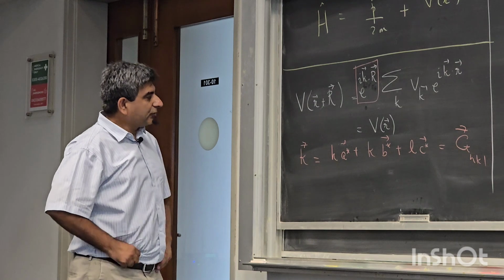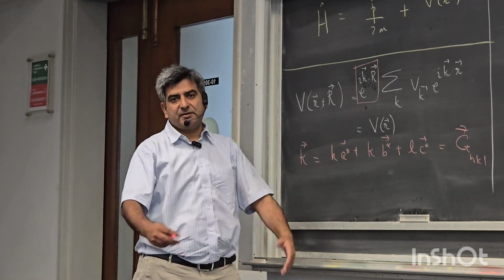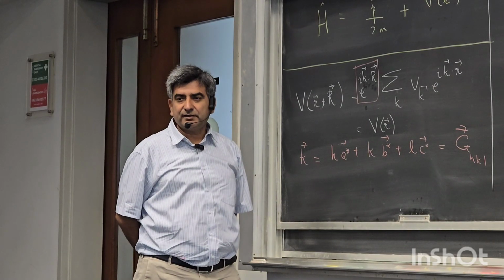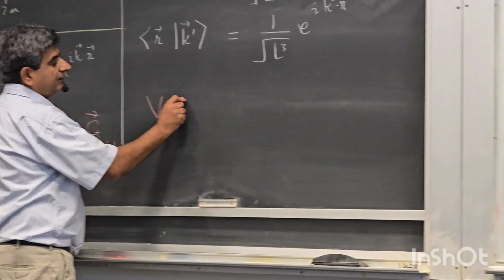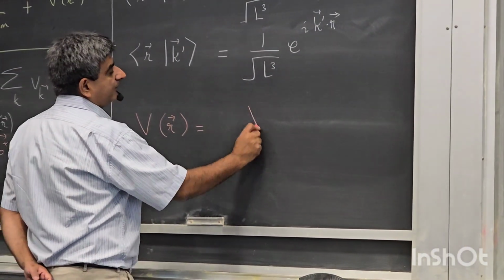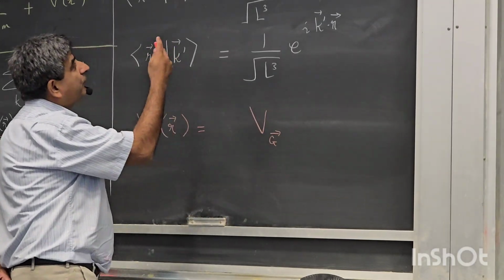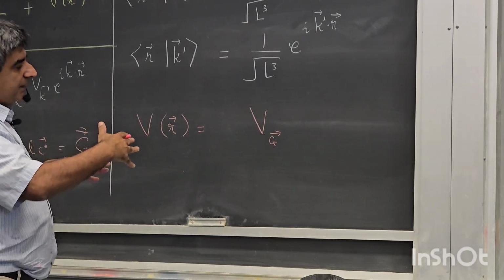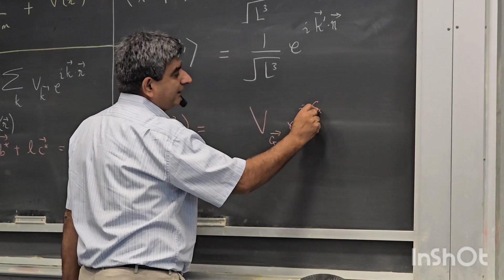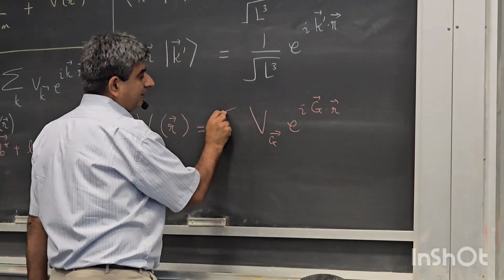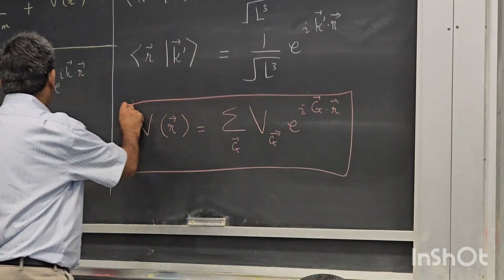Only in that condition will k dot R be some multiple of 2 pi. So for periodic functions, remember that V(r) is given by the Fourier coefficient V_G, sampled at the reciprocal lattice points, times e^(iG·r). This is a subtlety about periodic functions.